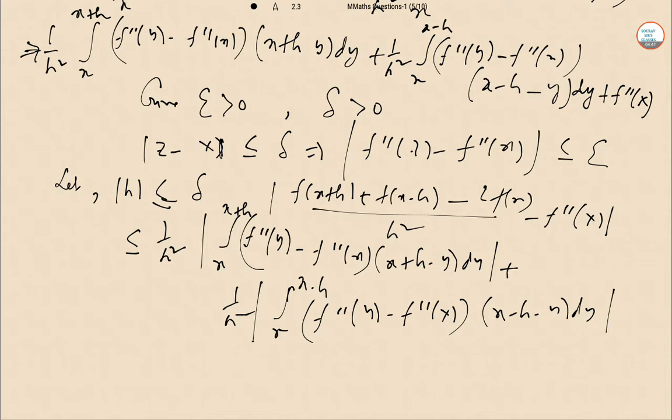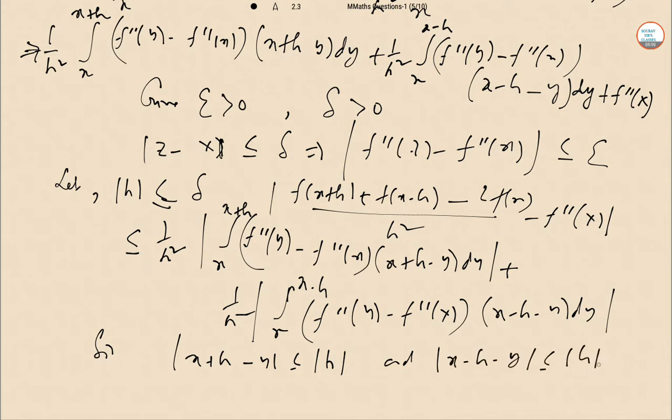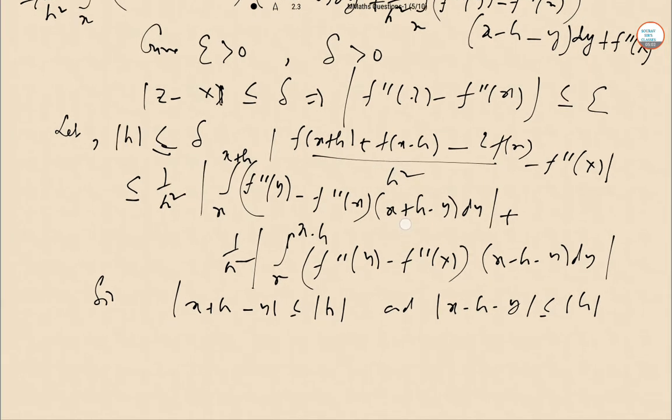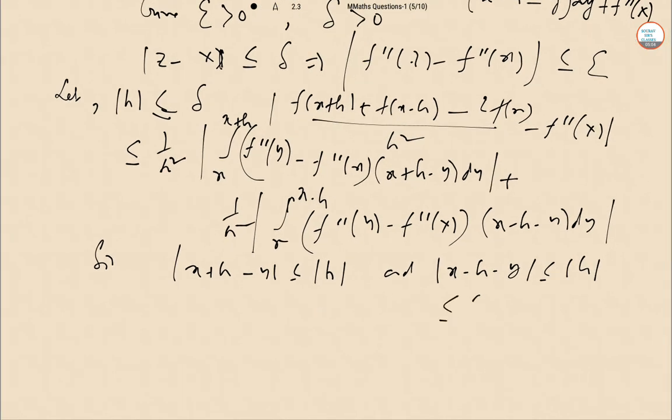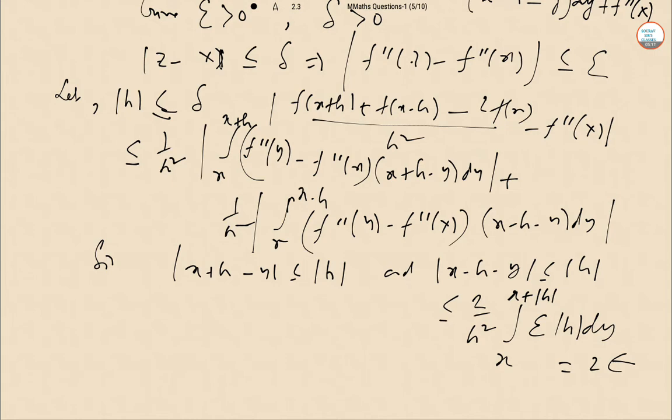Now since |x+h-y| is at most |h| and |x-h-y| is at most |h|, these two terms are less than or equal to 2 over h squared times the integral from x to x+|h| of epsilon h dy, which is equal to this.